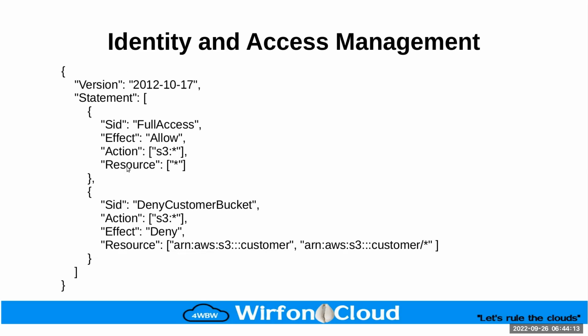For the practitioner level, we don't really need to worry about knowing the details of how these permissions are written, but I put this here as an example for you to have in mind. Remember, I said a policy is just a set of permissions. So this statement is the first set of permissions, and this is another statement of permissions. One is to allow, and one is to deny, and you see what is actually being denied. But knowing in detail how policies are written is out of the scope of the practitioner course here.